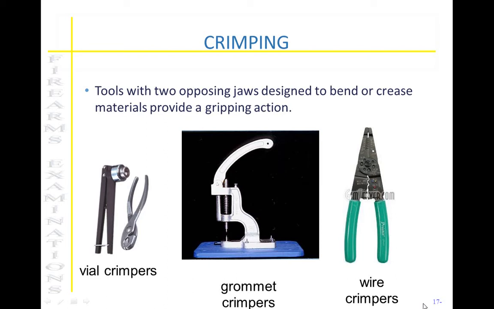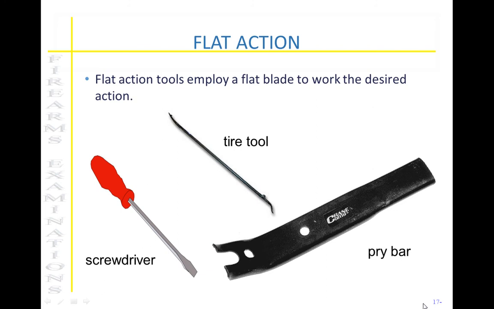The most common of these is going to be your wire crimpers or your vial crimpers. Another common tool is a screwdriver, which displays a flat mechanical advantage or a flat action. These tools employ a flat blade to work the desired action. So things such as tire tools, pry bars, and screwdrivers.